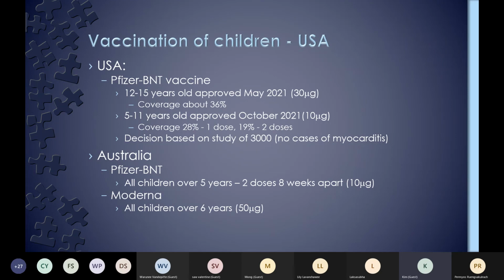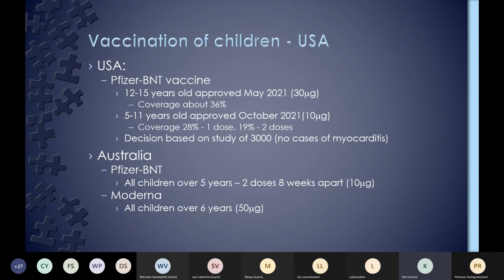Again, the 10 microgram dose. Coverage is very poor, and in only 19% of children, according to my latest data, in the United States had been vaccinated in the youngest age group, and about 36% in the teenage age group. So their coverage is much less than in Europe.